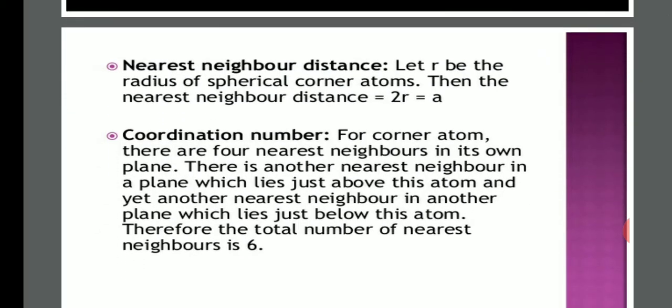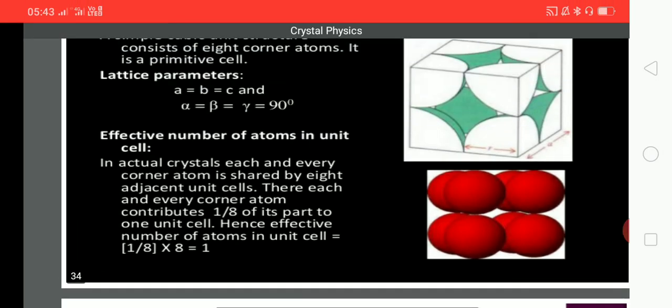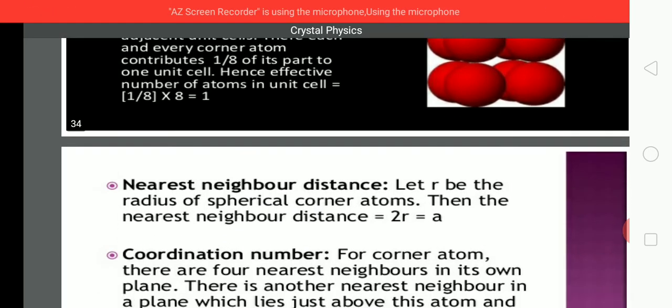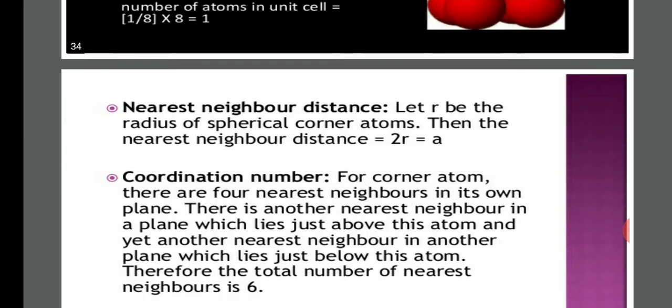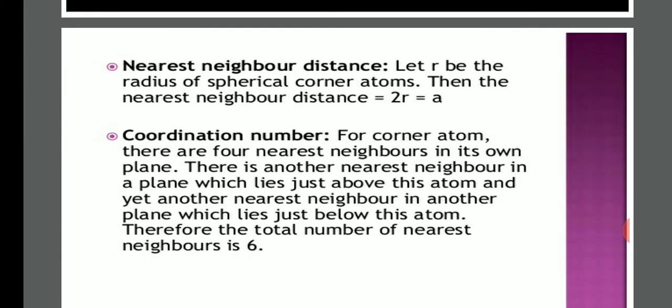Nearest neighbor distance: let R be the radius of the spherical corner atoms, then the nearest neighbor distance is R plus R, totals 2R, that is a.